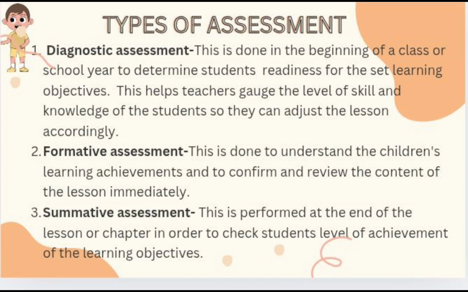Second is formative assessment. This is done to understand the children's learning achievements and to confirm and review the content of the lesson immediately. So here in formative assessment, you as a teacher are going to check the level of understanding of your students, if they understand the lesson or not.